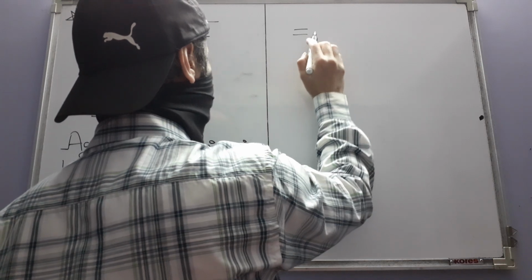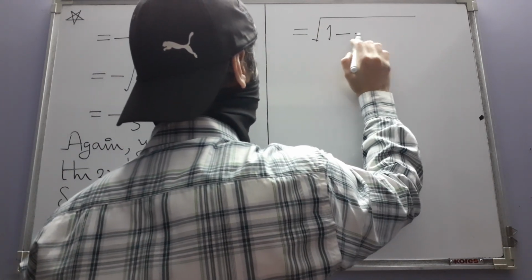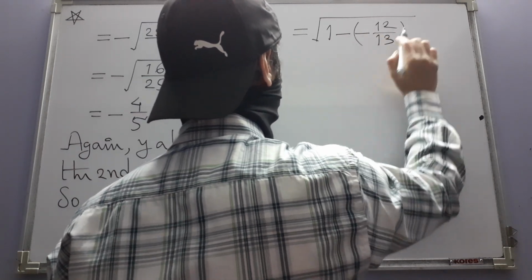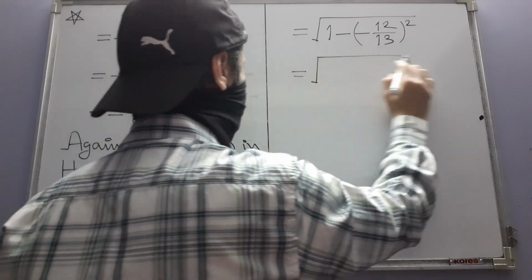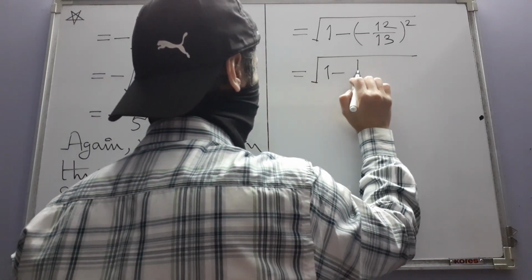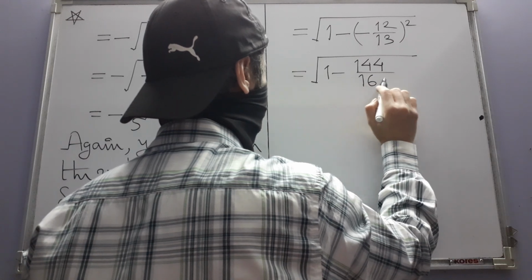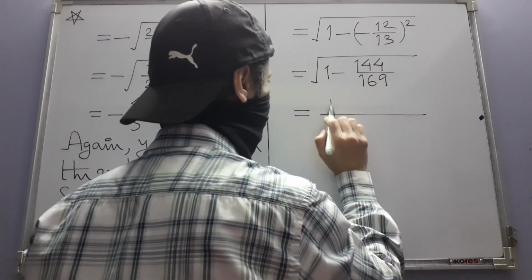So recalling the value of cos y, it is minus 12 divided by 13 square. That means this becomes 1 minus 144 divided by 169.